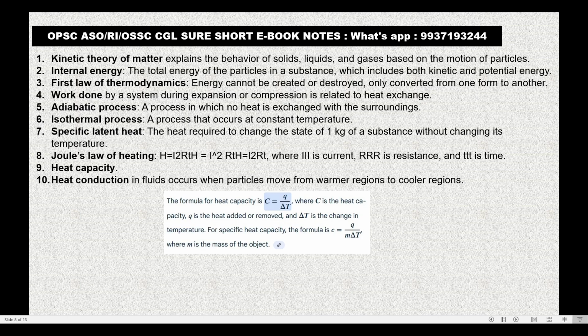Joule's law of heating: H = I²RT, where I is the current, R is the resistance, and T is the time.